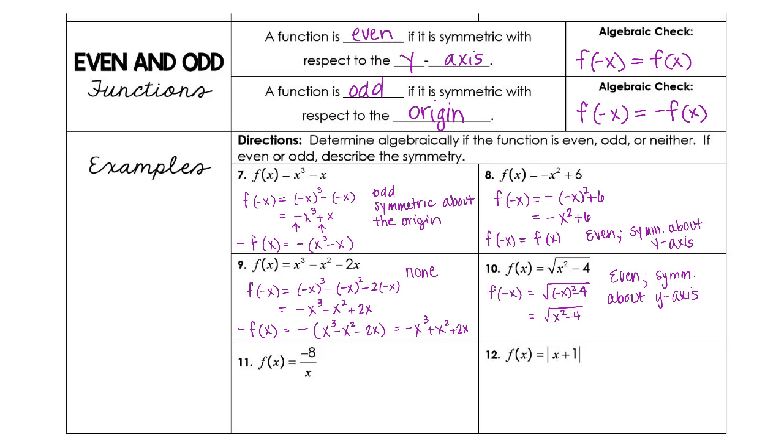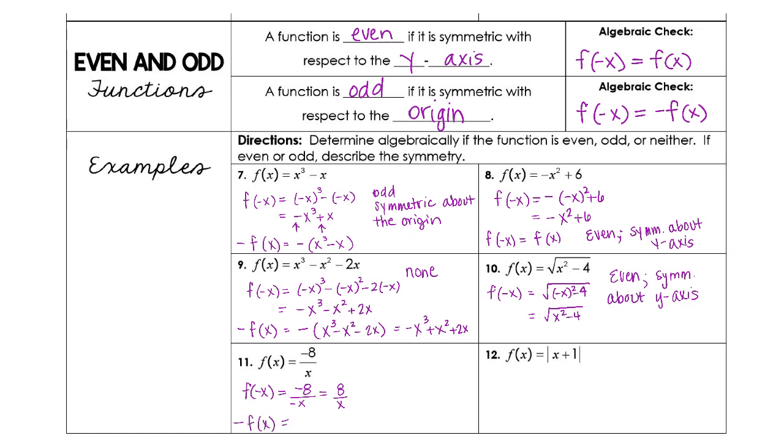Okay, last two. Again, we need to look at f at negative x. So that's going to be a negative 8 over negative x, which is going to give me positive 8 over x. Well, that's not the original function, so we know it's not even. So now let's look at negative f of x.